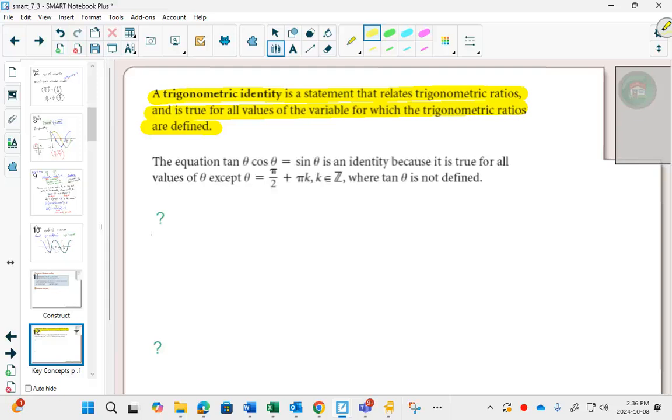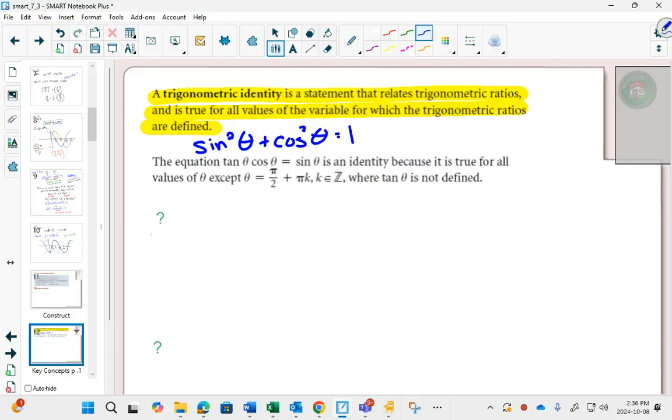You already know from chapter 6, from your 3 big ideas, 2 of your big ideas from chapter 6 are identities. One of them, sine squared theta plus cos squared theta, no matter what theta is, is always equal to 1.